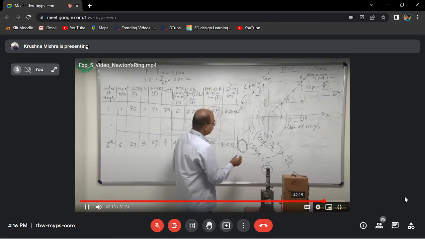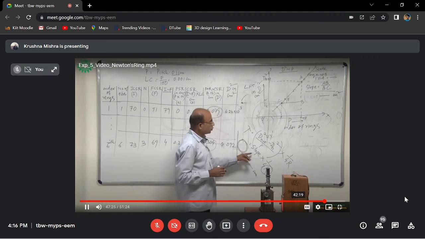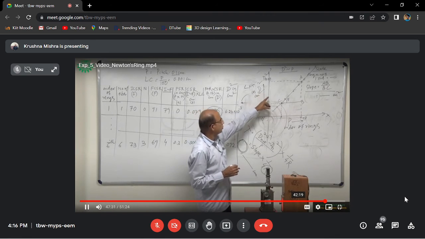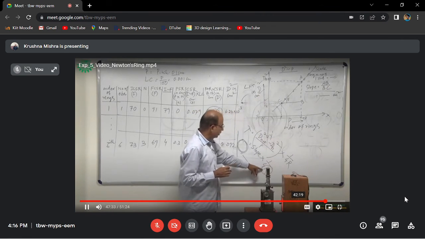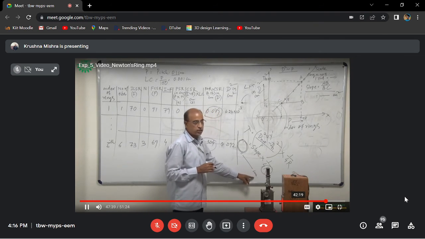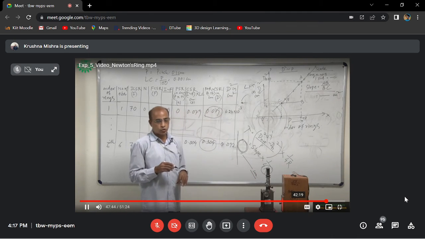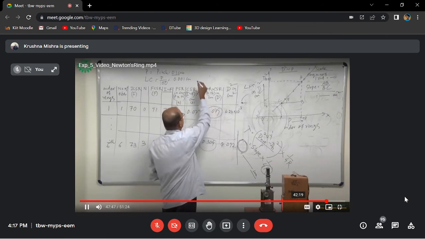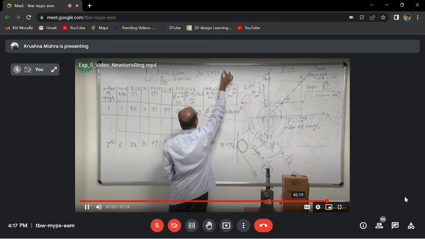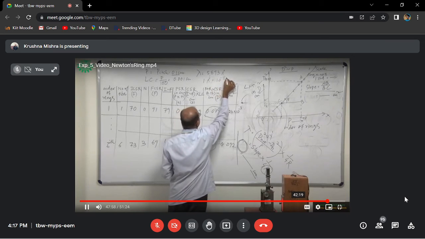So accordingly, we will find the value of wavelength in centimeter, because the slope is coming in centimeter, as it is the square term, and in the denominator the radius of curvature is in centimeter, so it becomes centimeter. After you get it in centimeter, you have to convert it into angstrom. I have already told you, lambda is 5893 angstrom, and 1 angstrom is 10 to the power minus 8 centimeter.